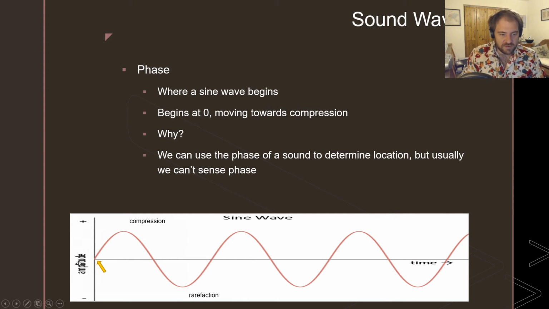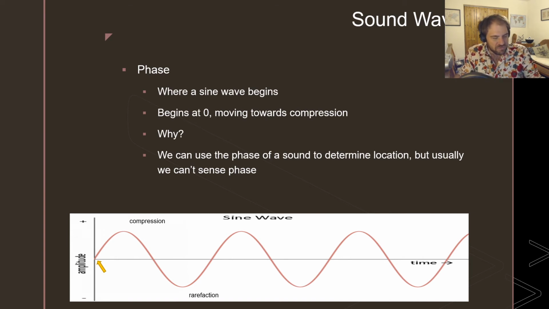So this is exactly what a wave is going to look like. It's going to start at 0. It's going to move towards compression. You can digitally make a wave that doesn't start at 0 and doesn't move towards compression, except here's the thing. Your computer is going to have a hard time figuring out what that means.